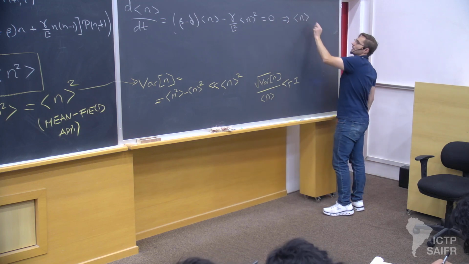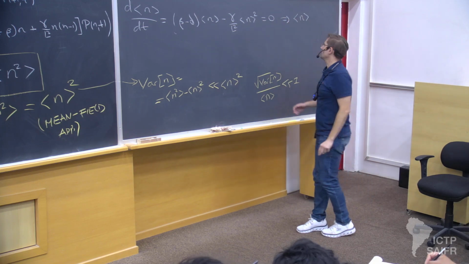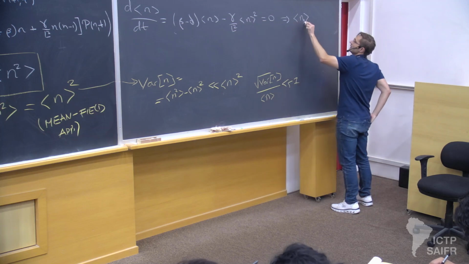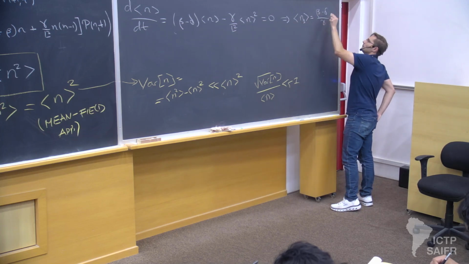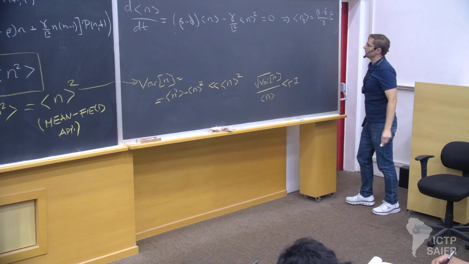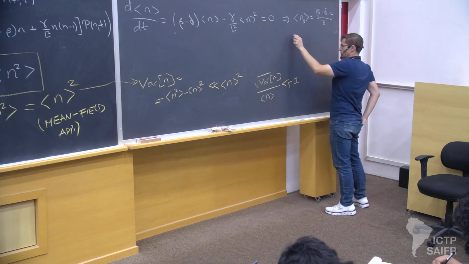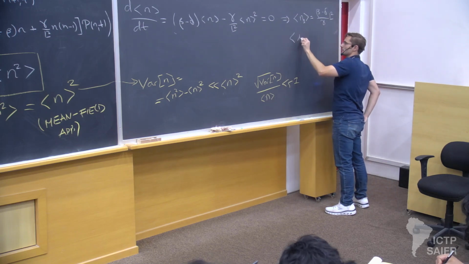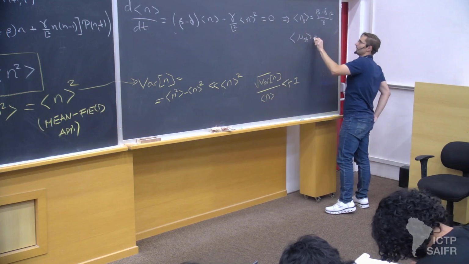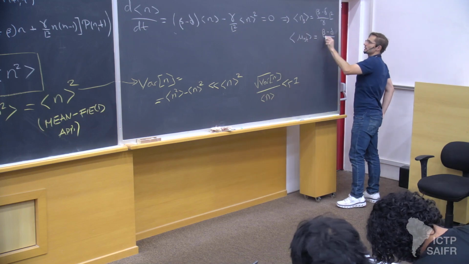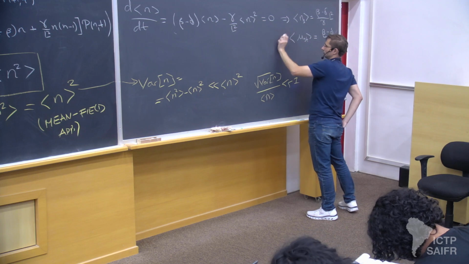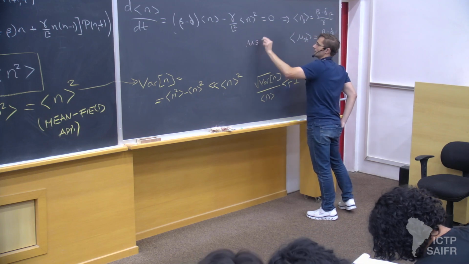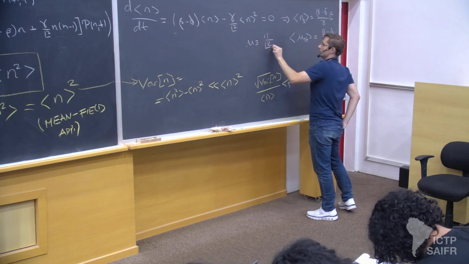And what we would get is that the mean value of n in the stationary state is equal to beta minus delta divided by gamma L squared. Or if I want to work in terms of densities, which is usually the case, this is beta minus delta divided by gamma, defining u as n divided by L squared.